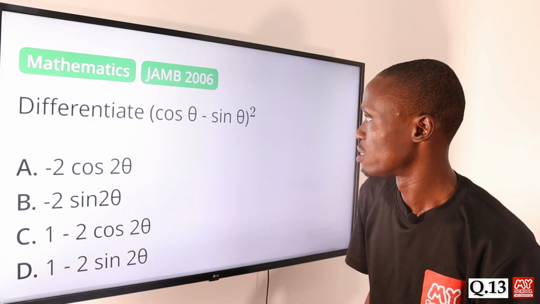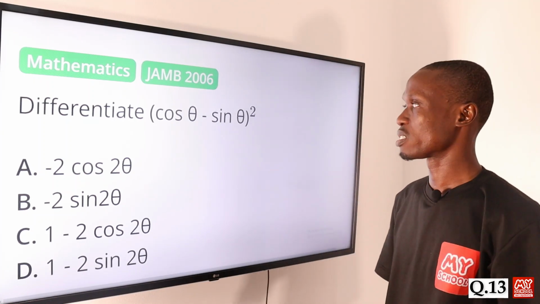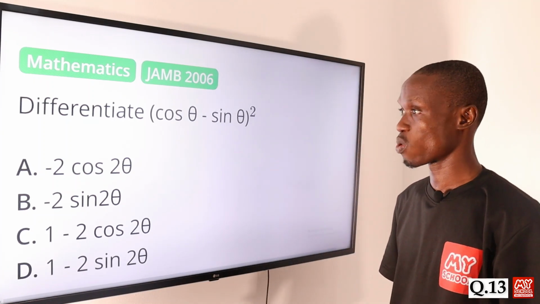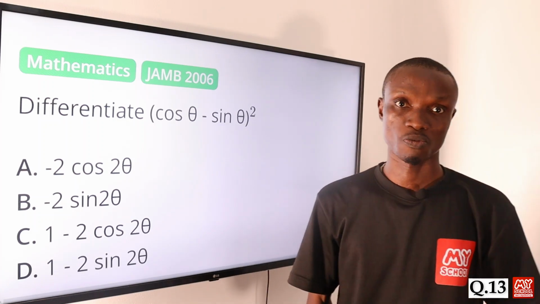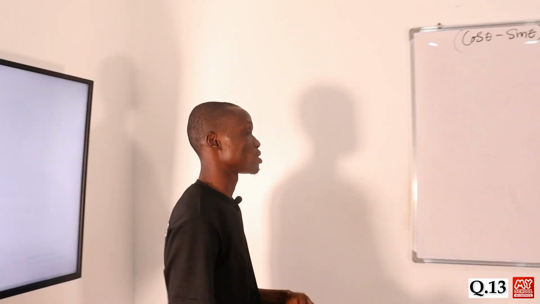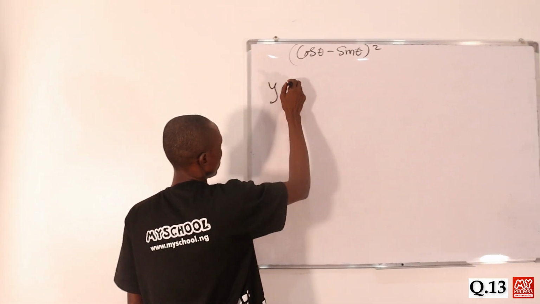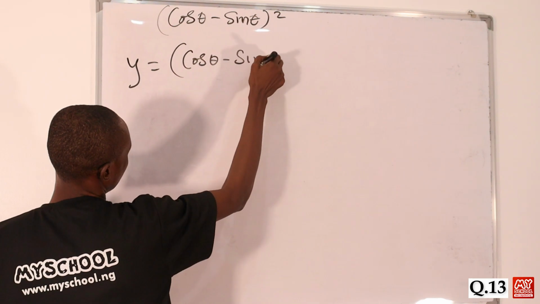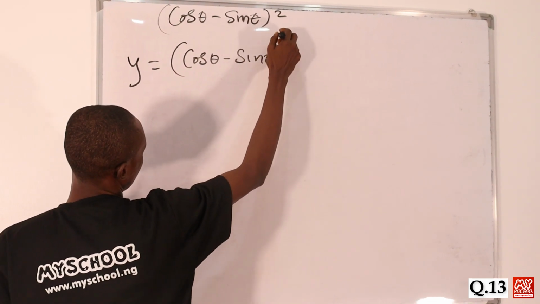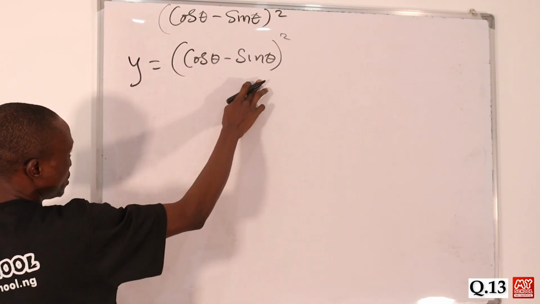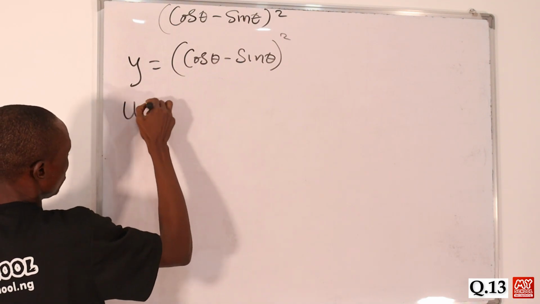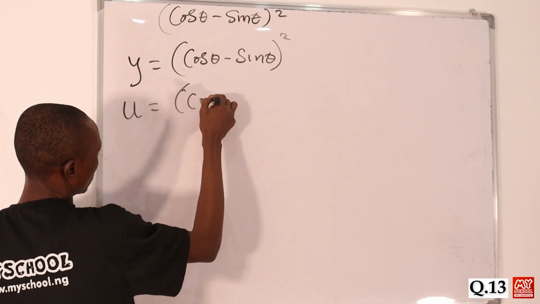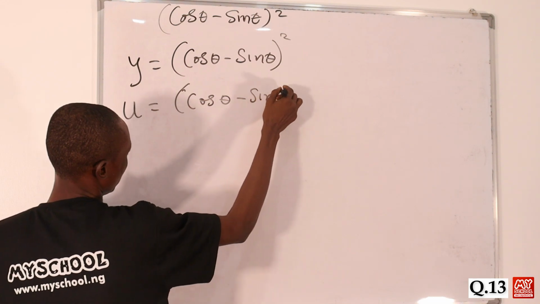Question 13. Differentiate (cos theta minus sine theta) in bracket squared. So let's move over to the board to provide answer to this question. Here we are going to say y is equal to (cos theta minus sine theta) in bracket raised to power 2, right? So we take what we have inside to be equal to u, so that u is equal to cos theta minus sine theta.